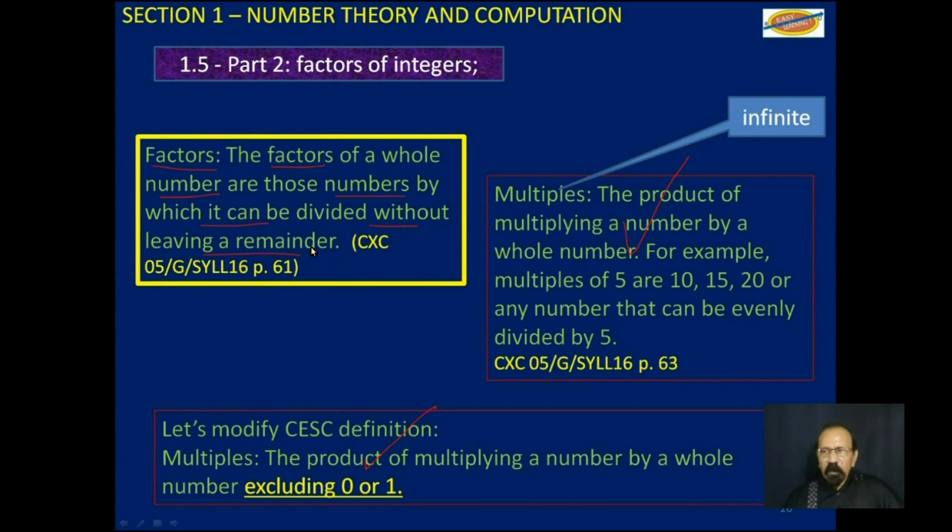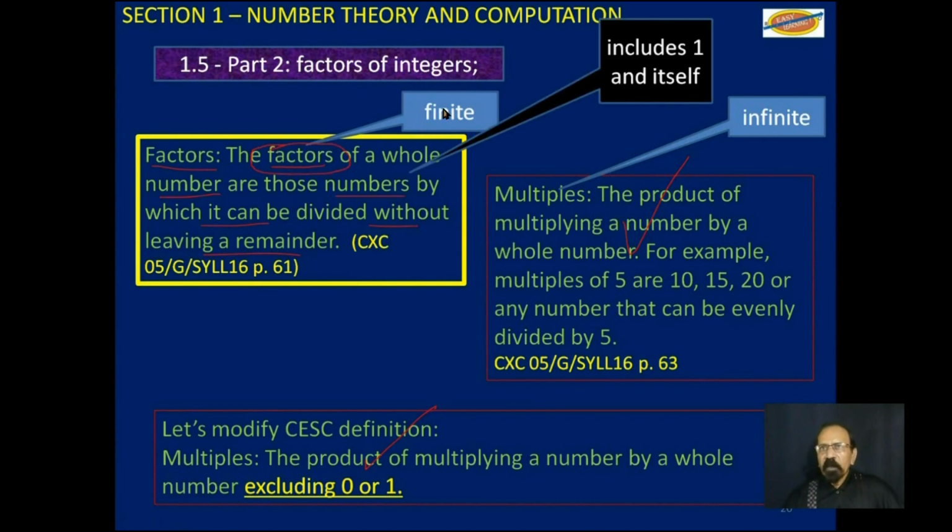So if you have a number and you can divide it by another number which generally is smaller or the same number without a remainder, then that number that you divide it by is a factor of the original number. And factors are finite. It includes 1 and itself.